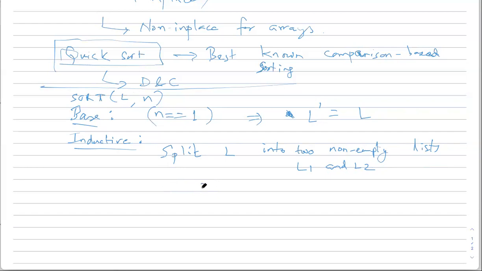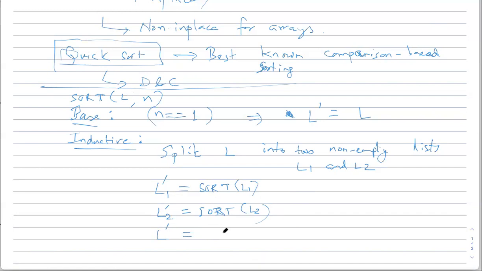I sort L1 and store that sorted list in, let's say, L1 dash. And I sort L2 and store it in another list called L2 dash. Then after I have two sorted lists, all I need to do is merge them together.